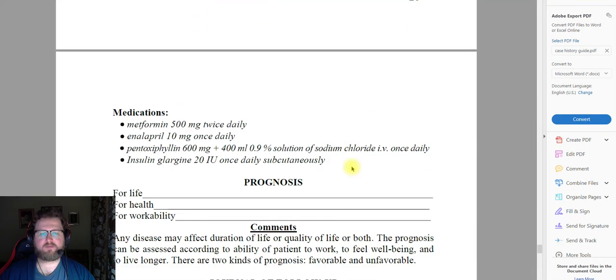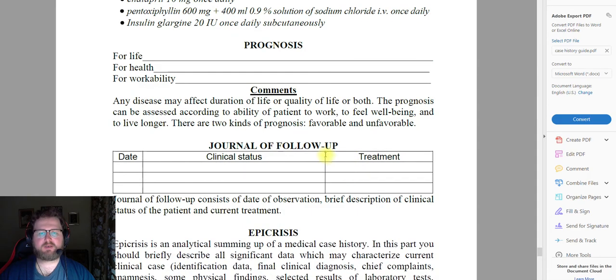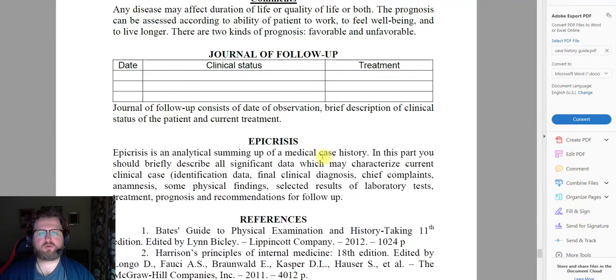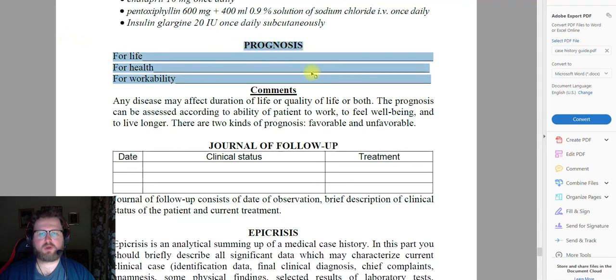And at the very end of your case history, you write his prognosis.